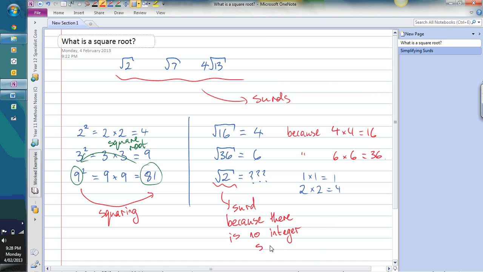I'll say there's no integer solution. Now we can't find that number exactly, we don't know what that number is, but we can still do certain things with the square root of 2. It's still going to obey some mathematical laws, and that's what we're going to be studying this week.